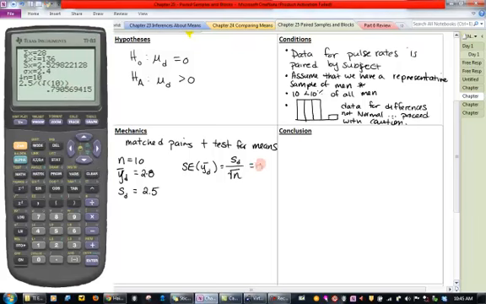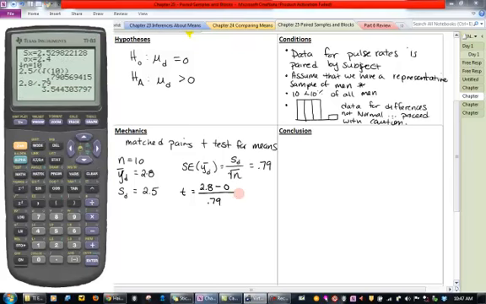Okay, and that's 0.79. So we're going to calculate our t-score by taking our mean, 2.8, subtracting 0, and dividing by the standard error. So we're going to take 2.8 divided by 0.79 to get a t-score of 3.54.